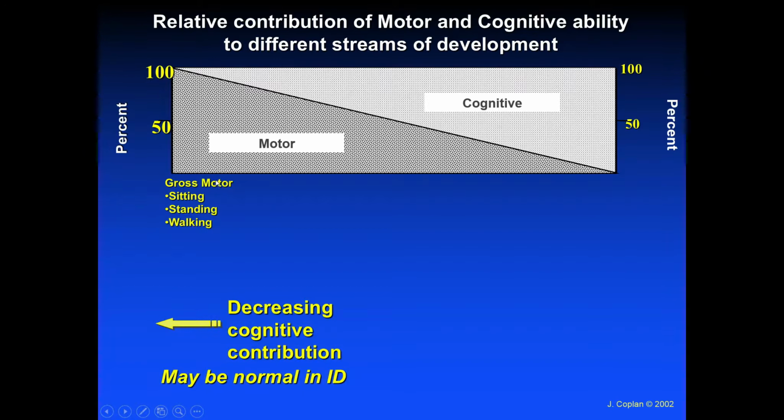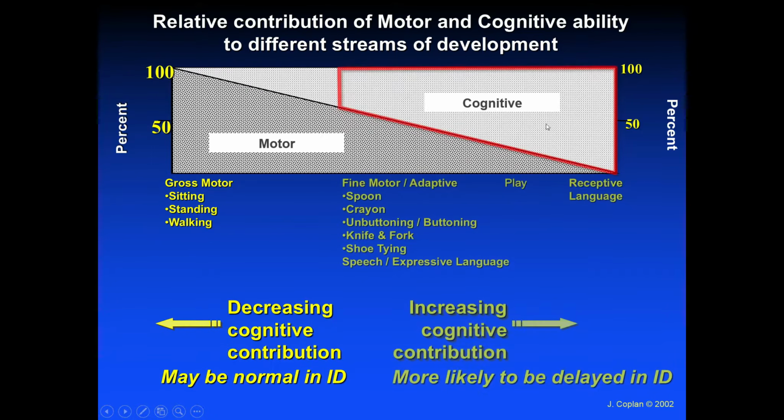And recall that the gross motor milestones, sitting, standing, walking, are largely motoric with very little in the way of cognitive contribution, whereas conversely over here, things like fine motor and adaptive skills, speech, and play have a substantial cognitive component, and receptive language in essence is a purely cognitive function. And these are the items on the right that are more likely to be delayed in an individual with intellectual disability. And not surprisingly, these are also the items that are on the various tests for intellectual disability.